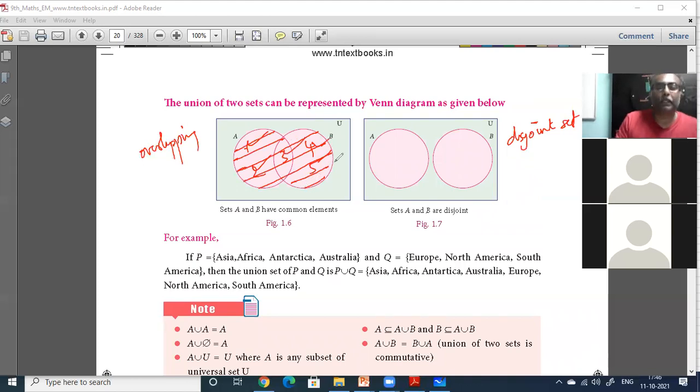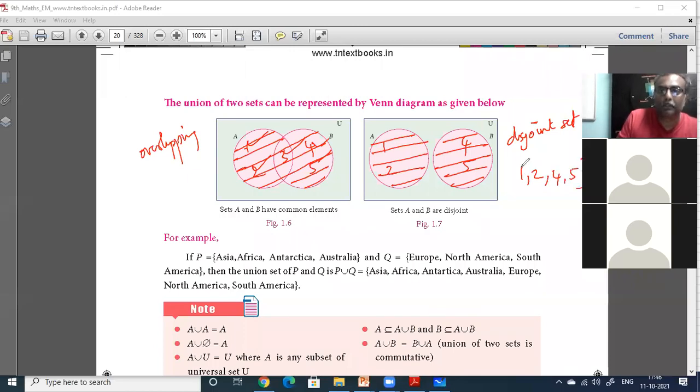In the disjoint case, there is no common element, so A union B is all this area plus all this area, which means 1, 2 plus 4, 5. In the overlapping set, A union B is 1, 2, 3, 4, 5.